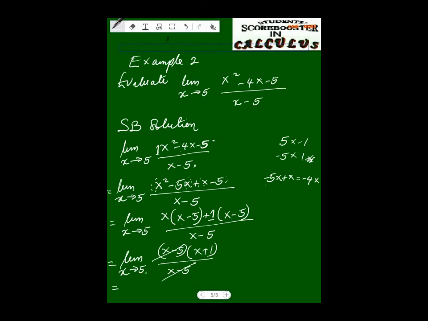So you're going to have the limit of x plus 1. And what is your x? Your x is 5. So now we're going to have 5 plus 1, and that is 6. As simple as this. I hope the whole working is clear.